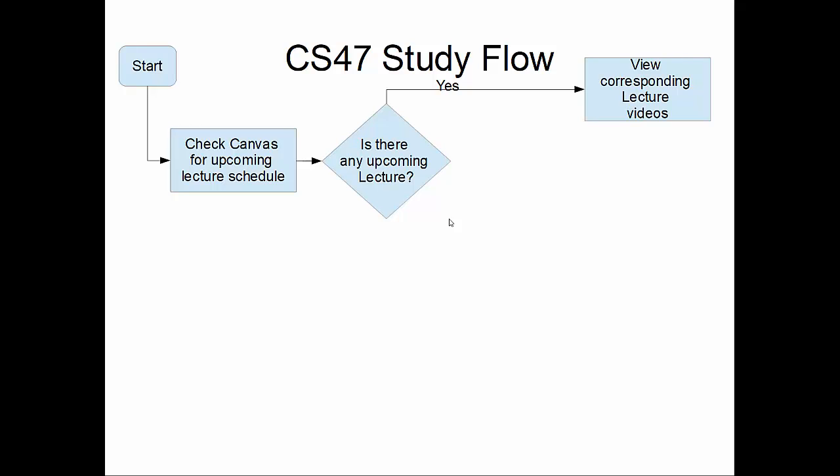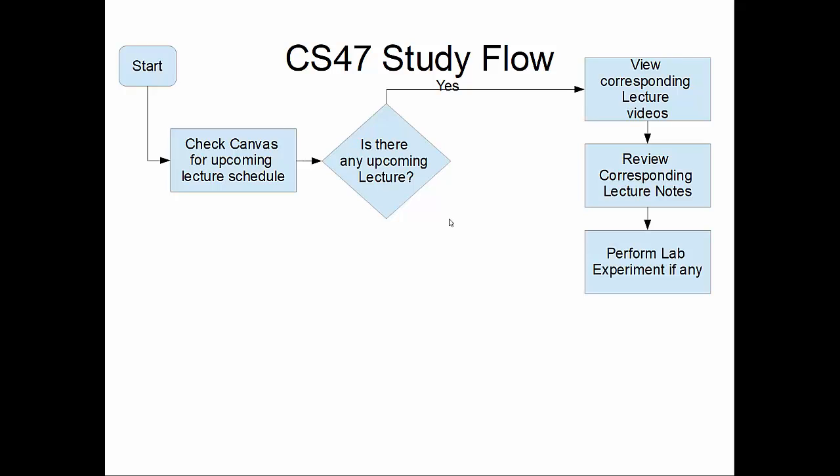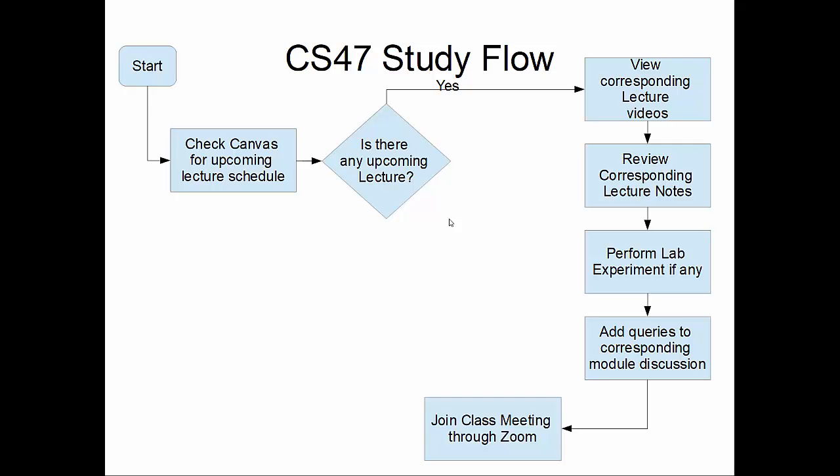Yes. View the corresponding lecture videos. Review corresponding lecture notes. Perform the lab experiment if there is any associated with that specific day's class. Add queries to the corresponding module discussion. Then join a class meeting through Zoom.